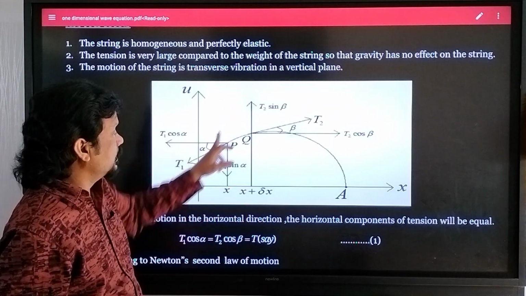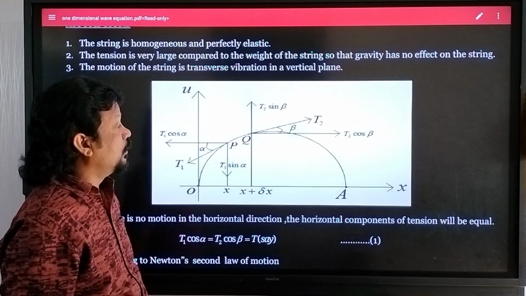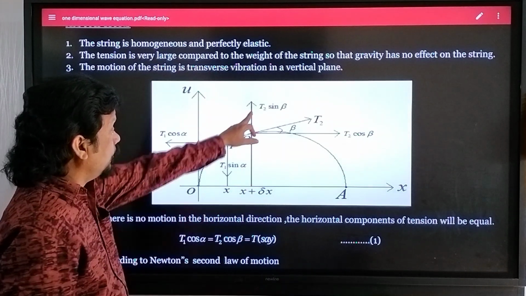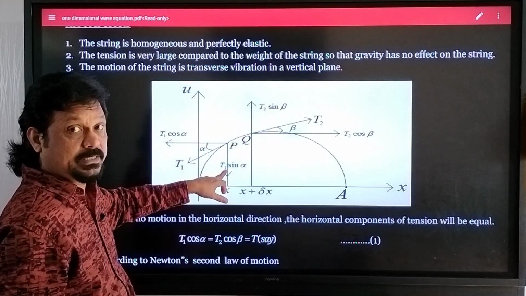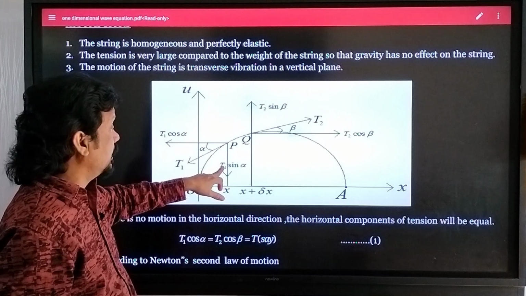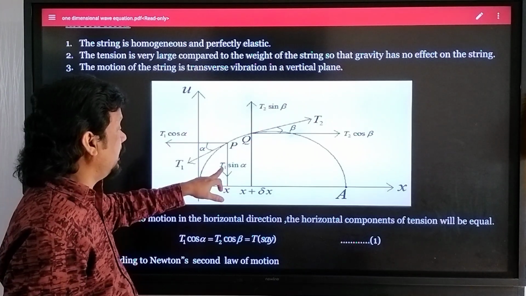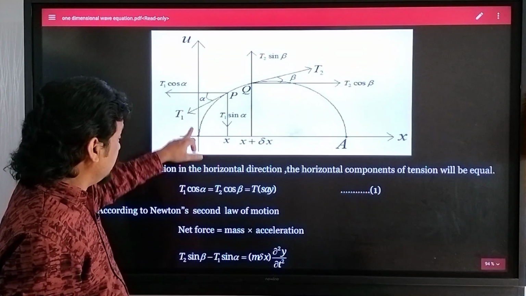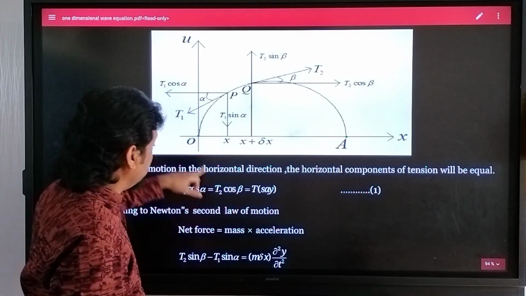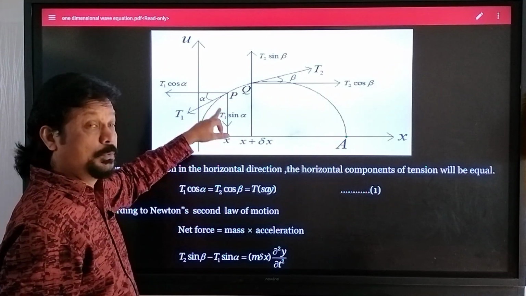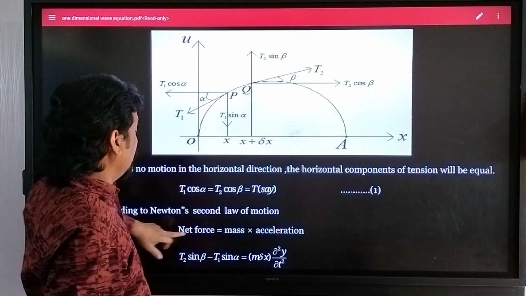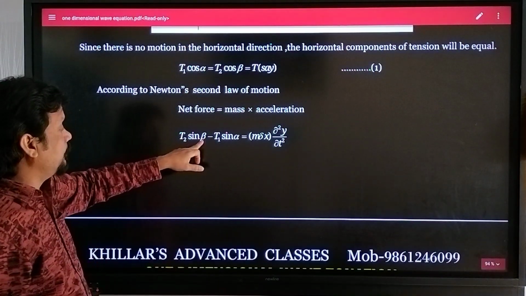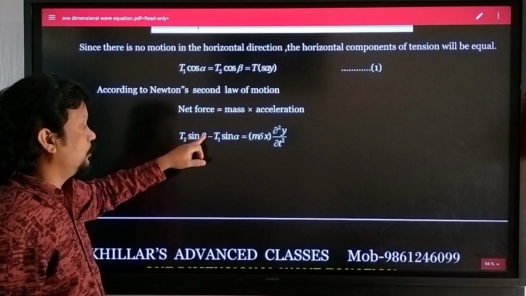Since the string is along the upward direction, the upward component T2 sin beta will be more than the downward component T1 sin alpha. So the resultant force will be T2 sin beta minus T1 sin alpha. And if I take the string in the other direction, then T1 sin alpha will be more than T2 sin beta. Okay. So see here, T2 sin beta minus T1 sin alpha. This is the net force.